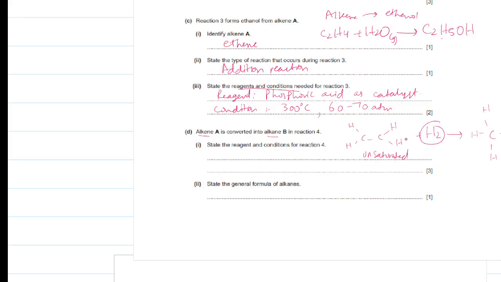So in that addition reaction, the alkene, that is unsaturated hydrocarbon, is converted into the alkane that is having the carbon single bond, so the hydrogen is added into it. Okay, so keep that in mind.